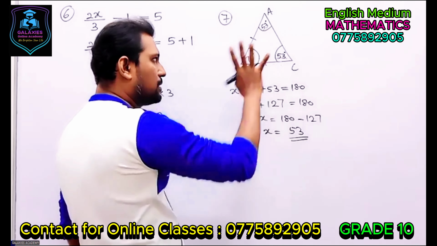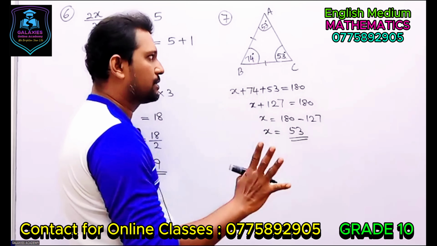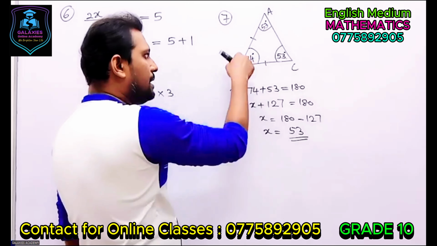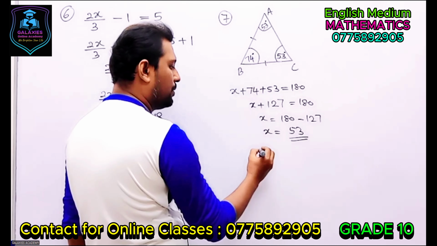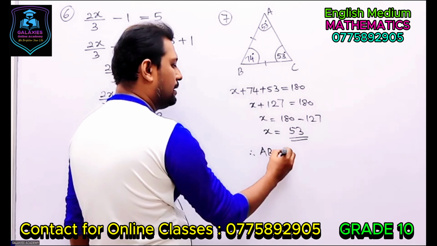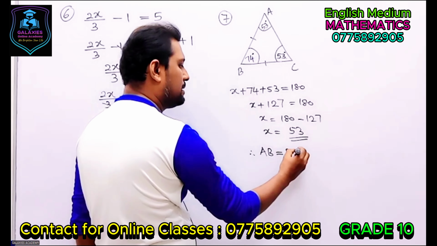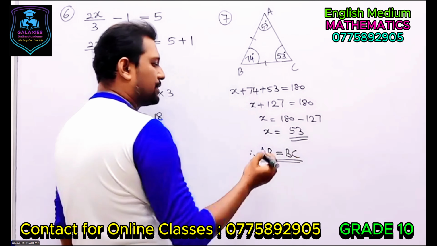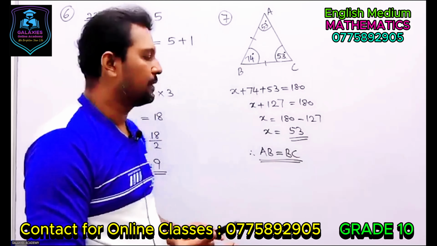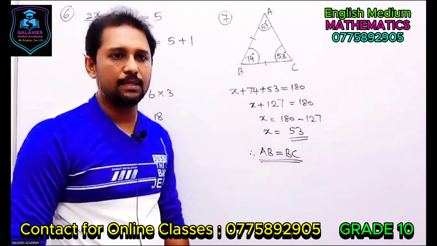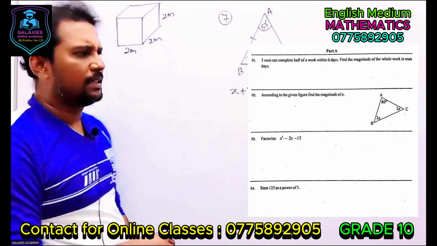So what are the two equal sides of this triangle? AB and BC. So you can write therefore AB equal to BC. The question asks to write two equal sides. What are the two equal sides? AB and BC.